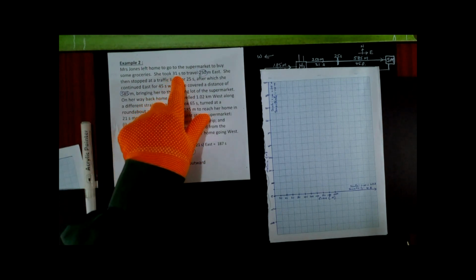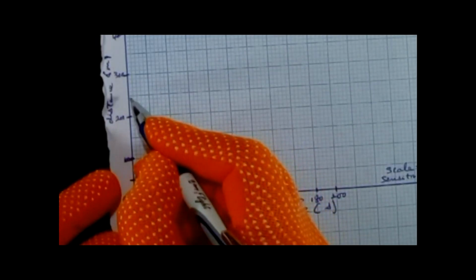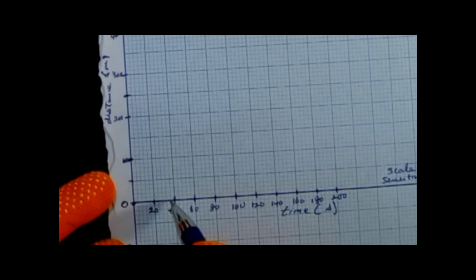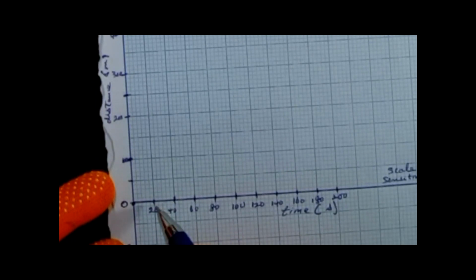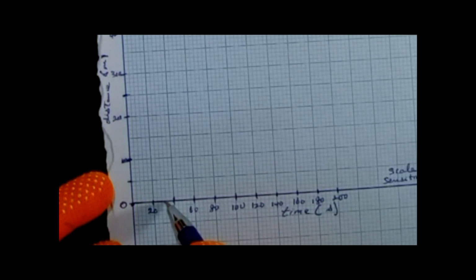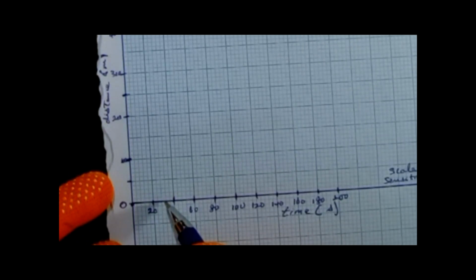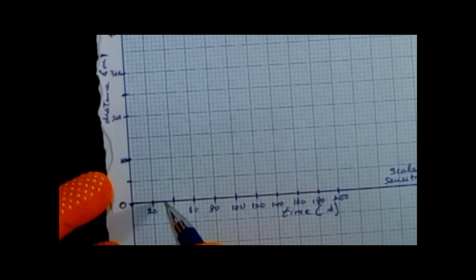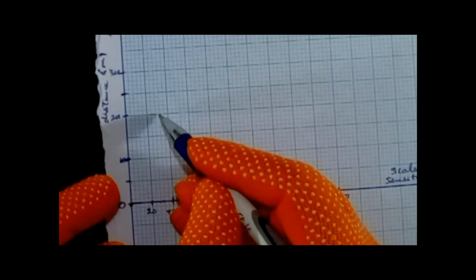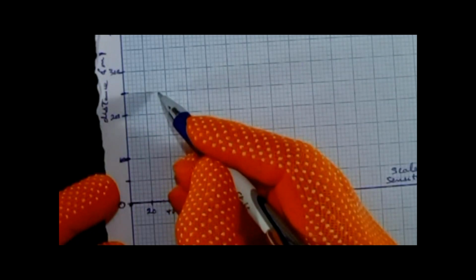So she took 31 seconds to travel 250 meters. So 250 meters will take us here, and she took 31 seconds. Now be very careful. We said that each little division here is 4. So it's 20, 24, 28, 32. So 31 would be almost 32. So you could follow that line and go up there.